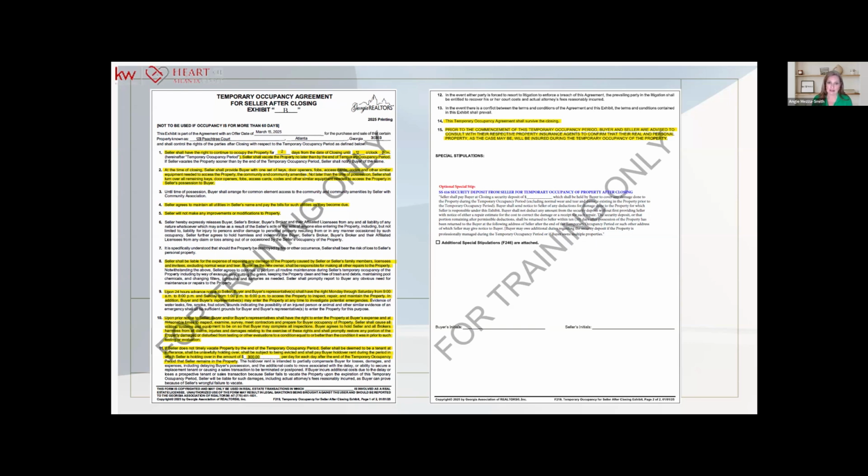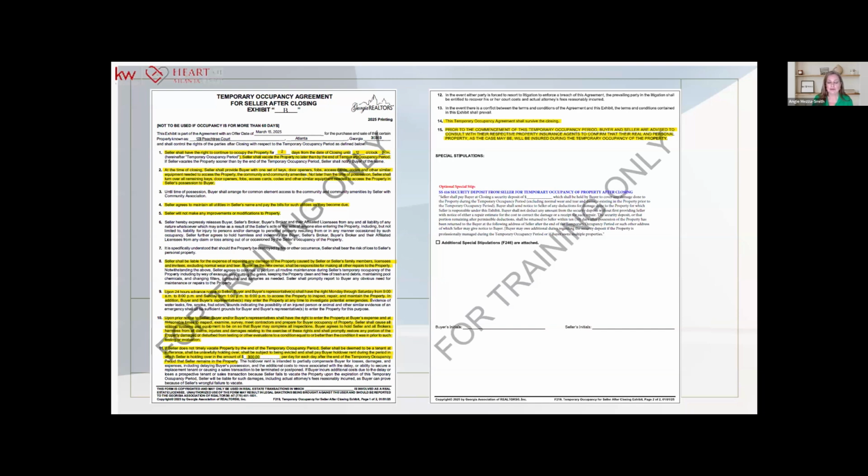Over and above that, if there are additional fees, such as storage fees for the buyer to store their personal belongings, additional fees for their movers for changing their moving date, hotel fees or fees for them to rent a place to stay while they can't move in their house, whatever, including attorney's fees if they have to take them to court, the buyer has a right to pursue all of those fees over and above this holdover amount.